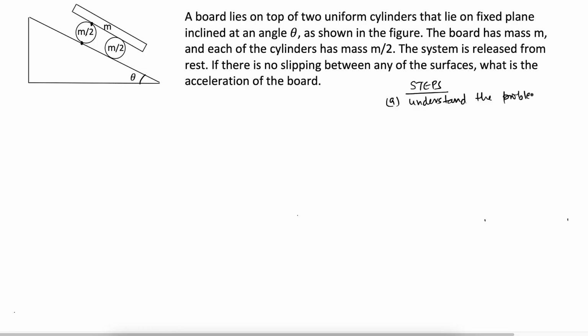And use your logical analysis to understand the problem. Second thing is draw the FBD. And the last one is write the equations. If you do these three things, your problem is more or less already solved. And after that, all you need to do is solve the simultaneous equations to get to the answer.